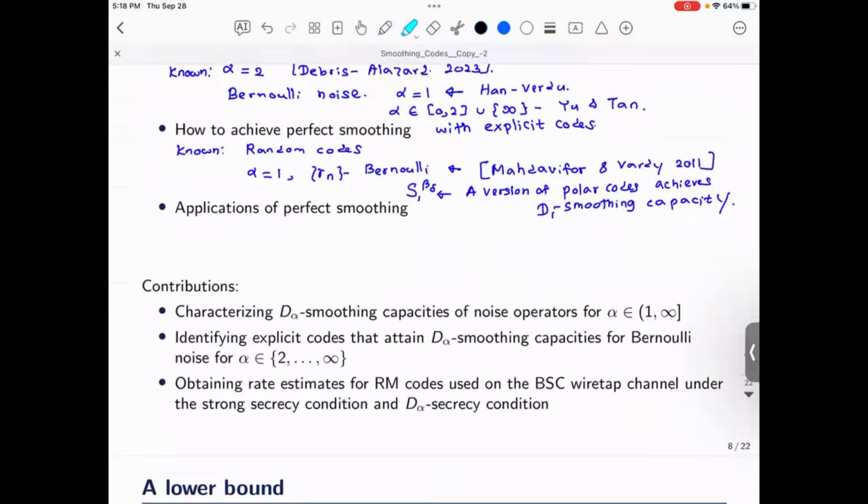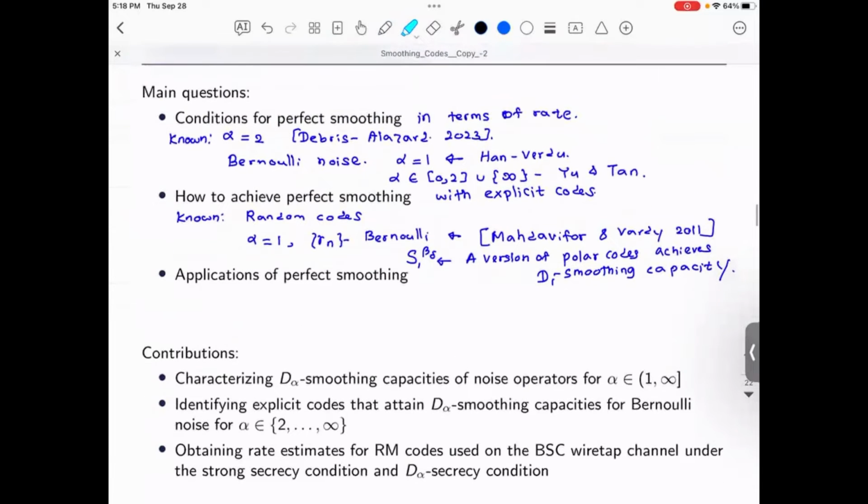In our case, we improve these results. When it comes to conditions for perfect smoothing, we characterize D alpha smoothing capacities for any sequence of noise operators, not just Bernoulli noise, for all alpha in this range.